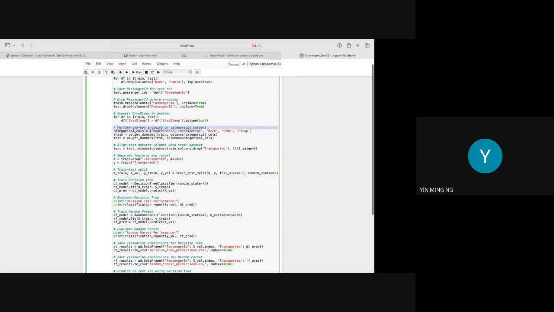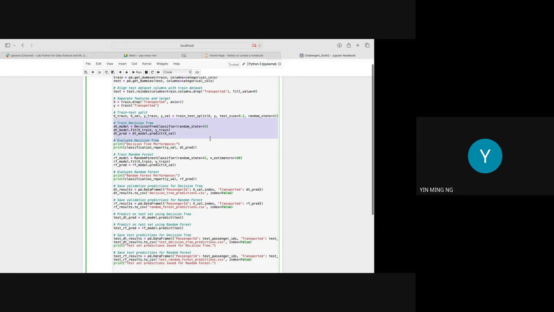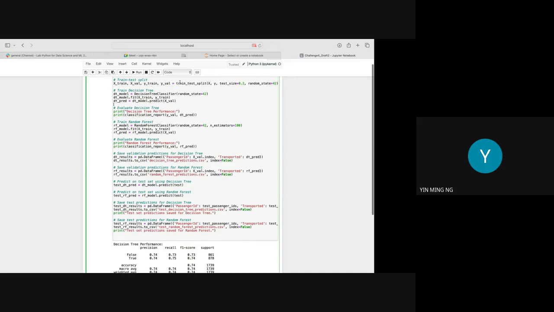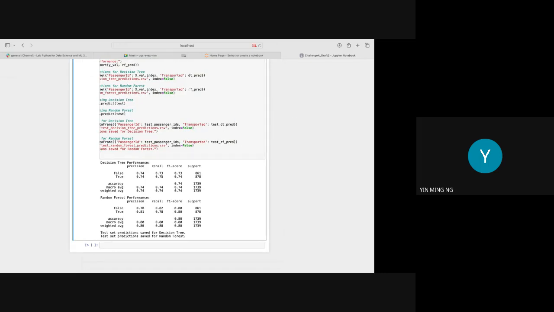Then one hot encoding. And then afterwards, we did the usual decision tree and random forest, but I didn't print out the decision tree now. But here's the results. And then we submitted it on Kaggle to see the scores, and here are the scores.